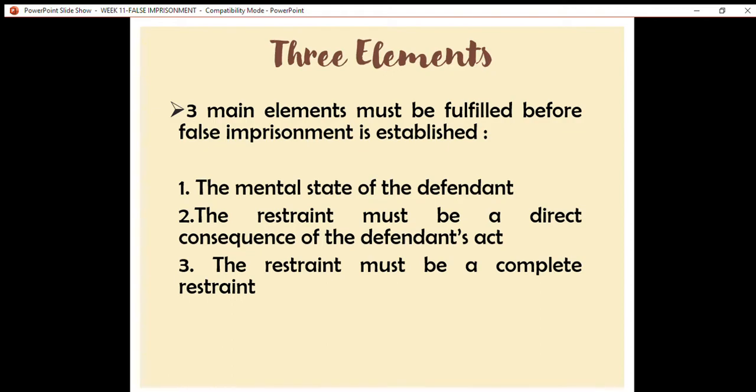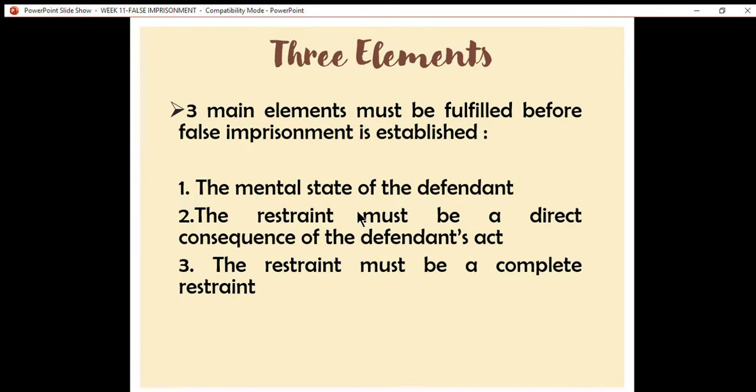In order to prove forced imprisonment, three elements must be fulfilled. First, the mental state of the defendant, in other words, the intention of the defendant to do a forced imprisonment.